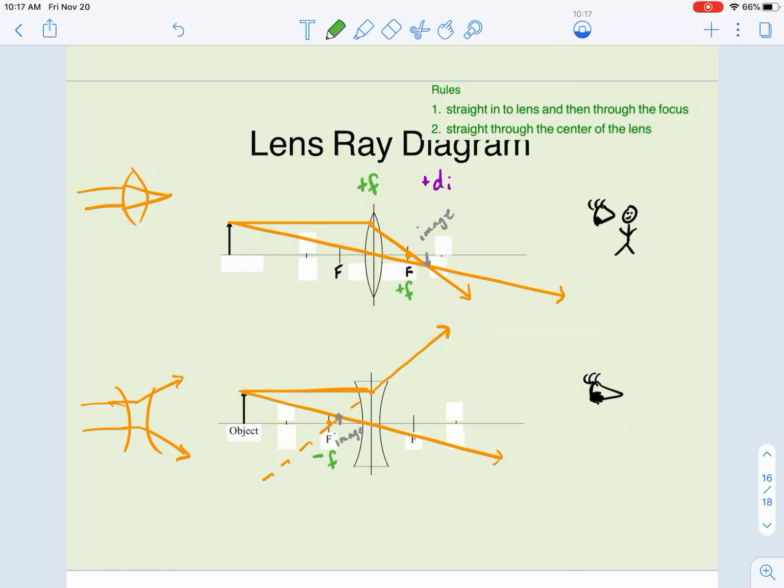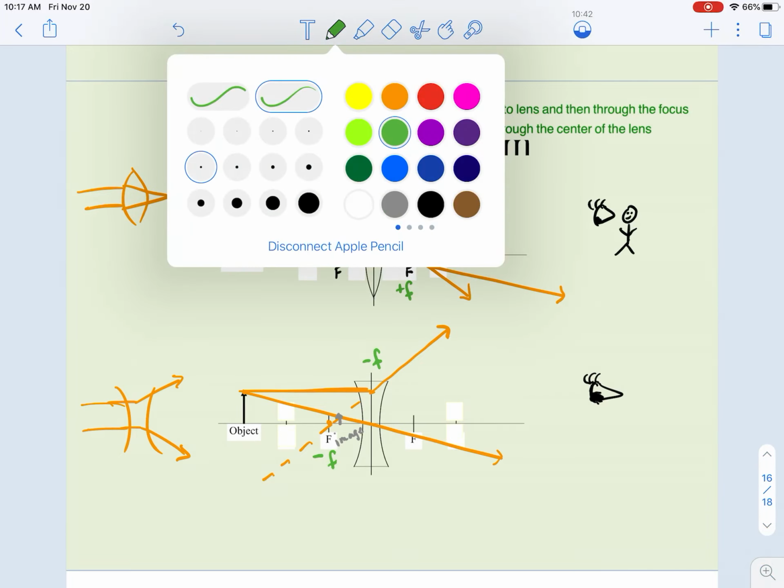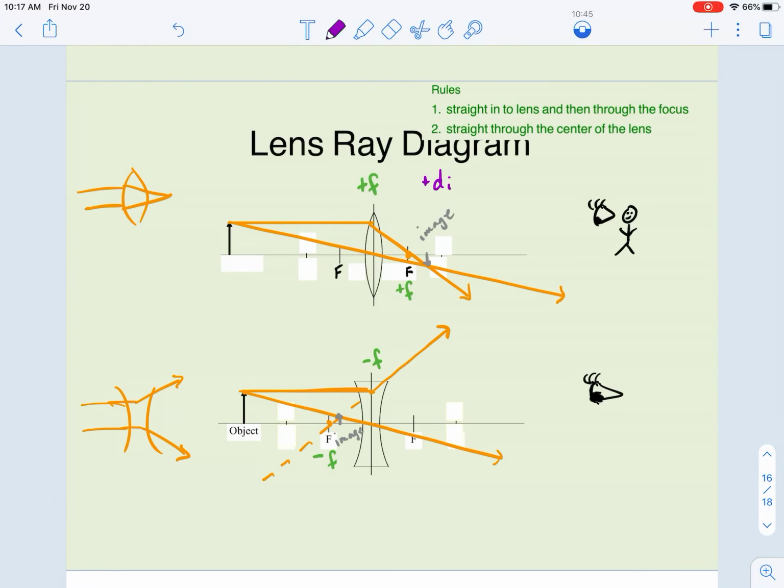So here is an example where the light diverged. So that means that this focal point is going to be the negative value of our focus. So diverging light is going to have a negative focus, and that is indeed the side of our lens where our image is created. So if we are looking at the same side as the object, that is going to be our negative side for our focus, as well as our distance to the image.